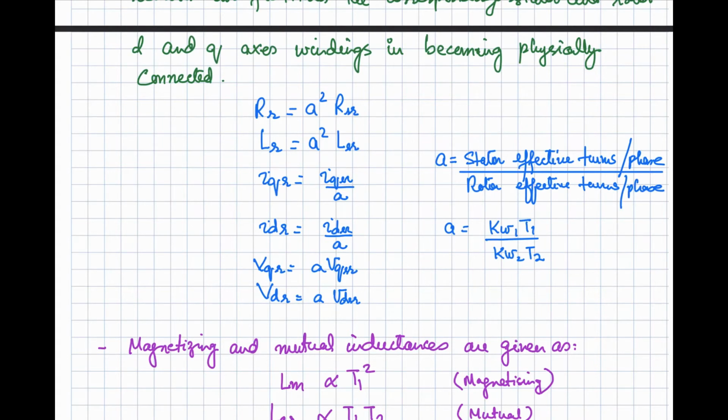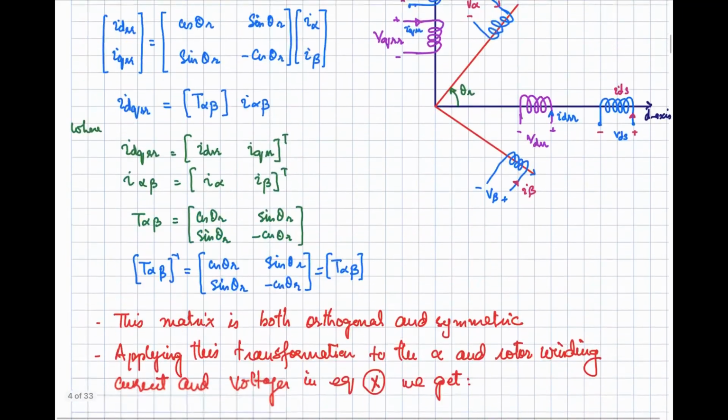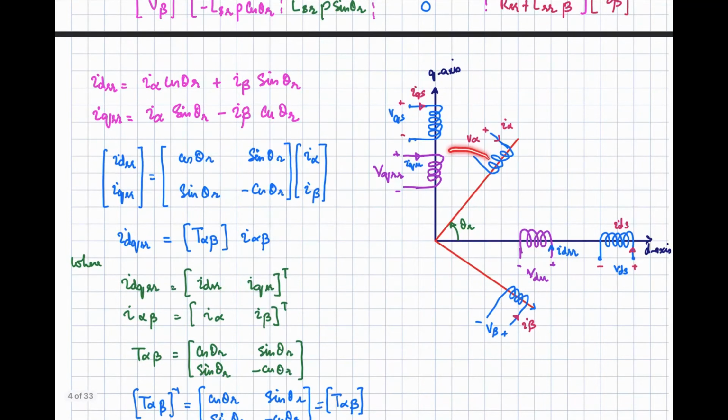Similarly, IQRR divided by A gives you the equivalent of this IQRR on the stator side. Similarly IDRR reflected on the stator side, VQRR reflected on the stator side, and VDRR reflected on the stator side. So what is A? A is the effective turn ratio from stator to the rotor. Just remember that we have translated the alpha and the beta effect in terms of two fictitious windings at the Q and the D axis.